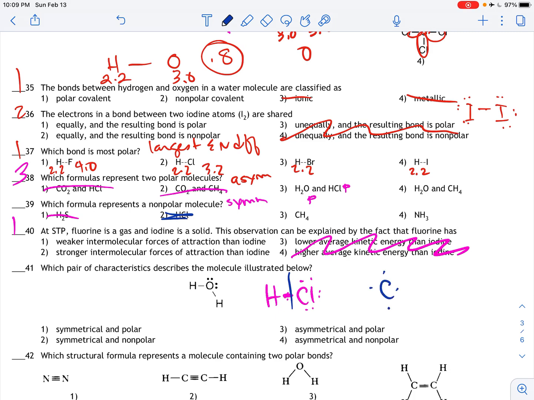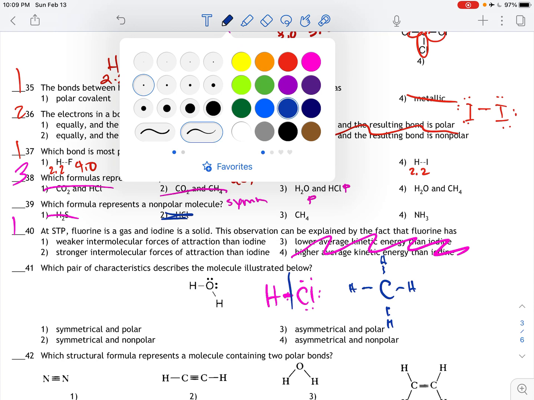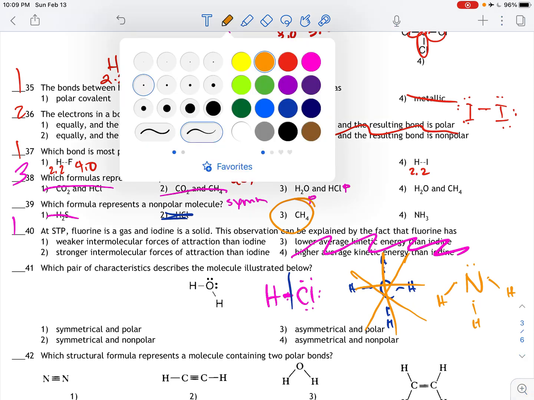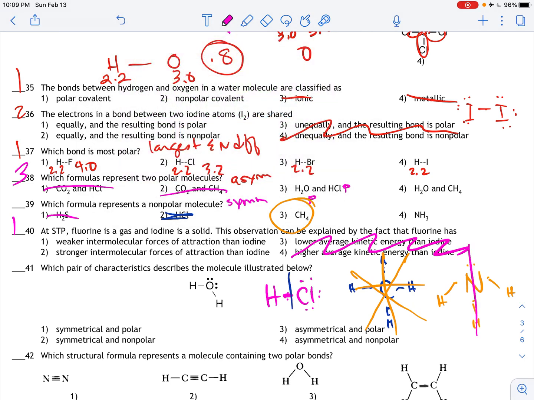CH4, then you have the bond like this. Let's cut that. Looks symmetrical no matter how I cut it, so that is indeed my answer. Just in case you wanted to see, remember the lone pair repulses downward. That looks okay, but that doesn't. So we're going with CH4, choice 3.